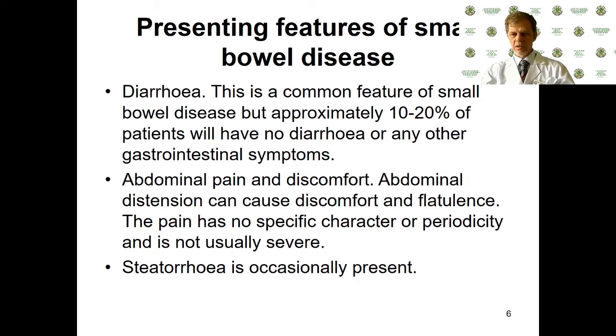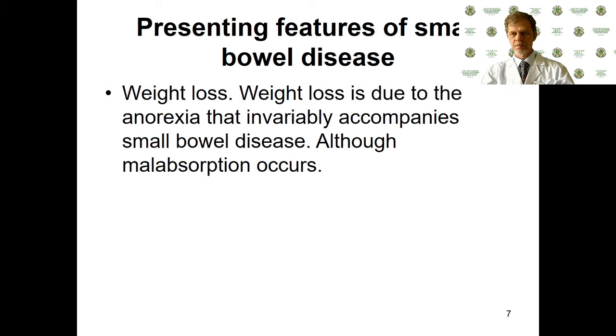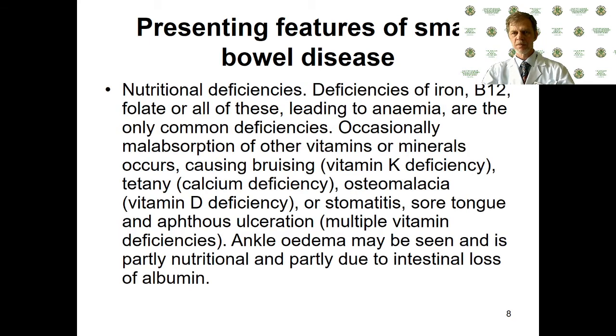Steatorrhea, this is presence of fat in feces, occasionally present. Weight loss. Weight loss is due to anorexia that invariably accompanies small bowel disease. Also, malabsorption occurs. So again, problems with digestion and absorption may cause weight loss and malabsorption signs, for example, deficiency in vitamins and microelements. Nutritional deficiencies.